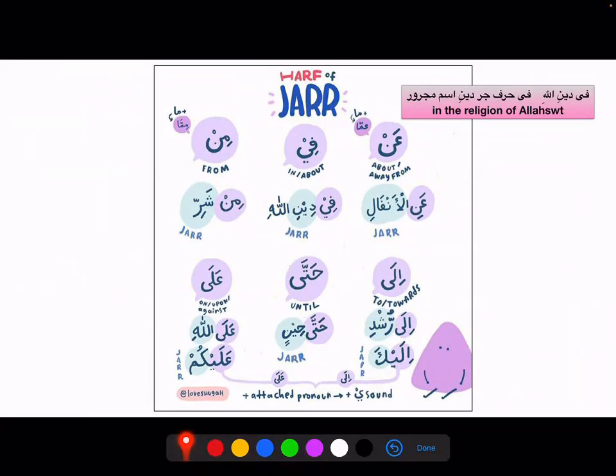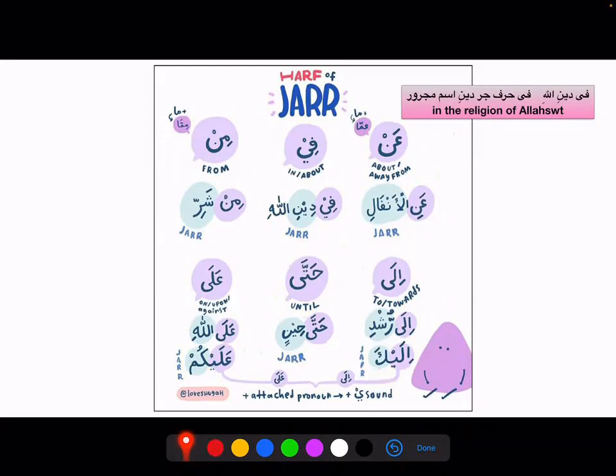Then we have fi dinillahi, in the religion of Allah subhanahu wa ta'ala. Min sharri, from the evil. Then ila, or ila rushdi. Ila rushdi, and then ilayka. So these are the examples of ila.